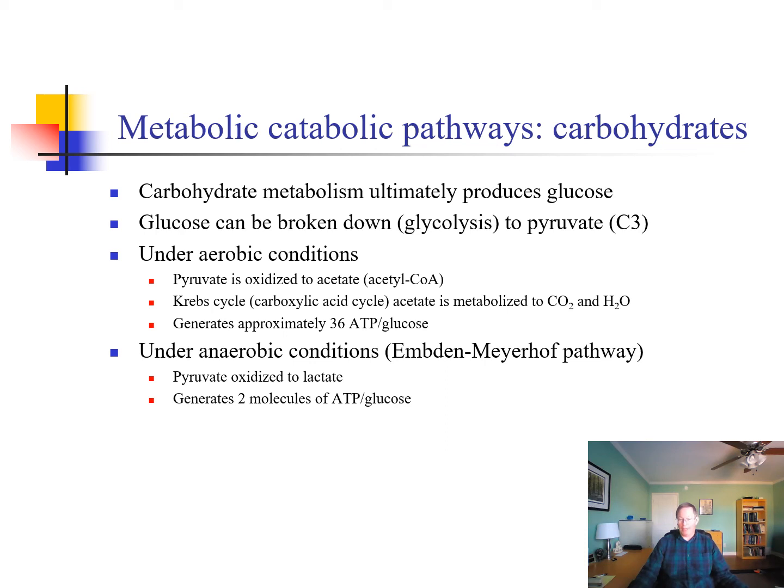The Krebs cycle, the carboxylic acid cycle, metabolizes that acetyl-CoA to carbon dioxide and water. So ultimately, the carbohydrates, if they are metabolized completely, will break down into carbon dioxide and water, which you can release by breathing out or by excretion in the case of water.